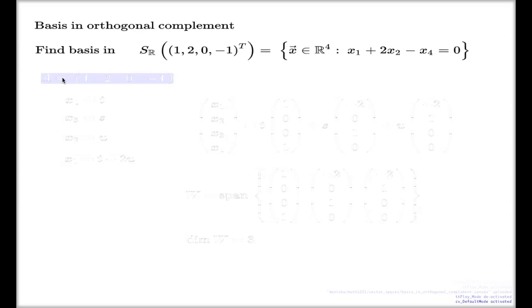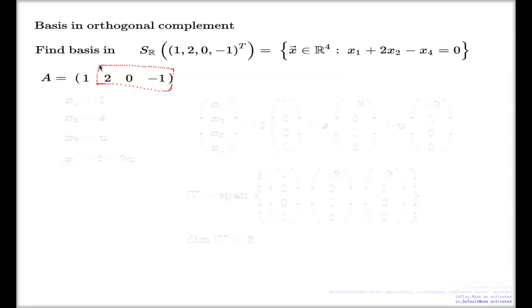We extract the augmented matrix. Here it is, a very simple matrix: 1 row, 4 columns. It is already in row echelon form. Here's my pivot. These are non-leading columns, and I have to parameterize them.